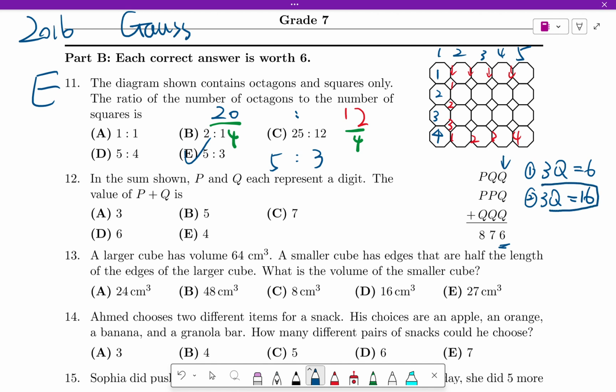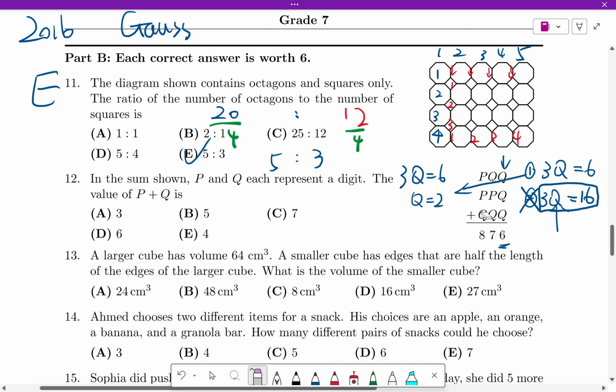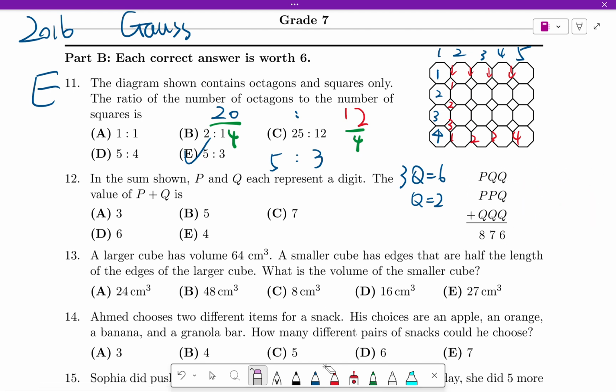However, for the second scenario, Q will not be an integer. So we must discard this possibility. So we only need to deal with the first possibility that 3Q is equal to 6. So Q is equal to 2. So if we substitute this 2 in, and we now look at the 10th digit, we have 4 plus P equal to 7.